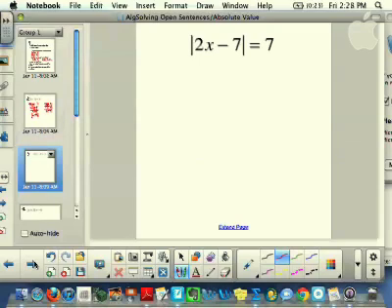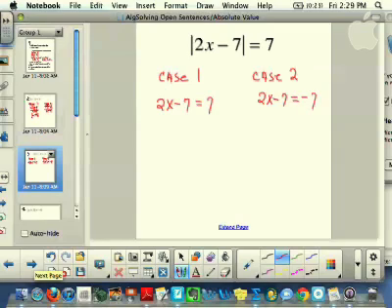Let's take a look at the next one. The absolute value of 2x minus 7 equals 7. Do you know the two cases to write? Case 1, 2x minus 7 could be 7. In case 2, 2x minus 7 could be negative 7.